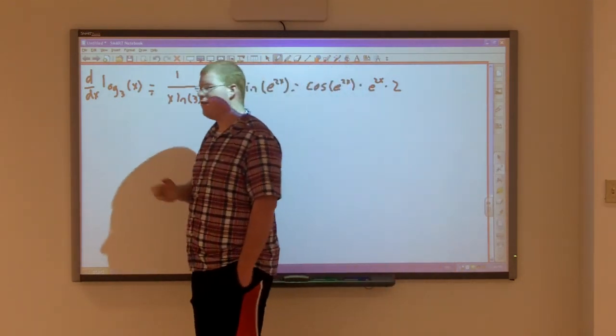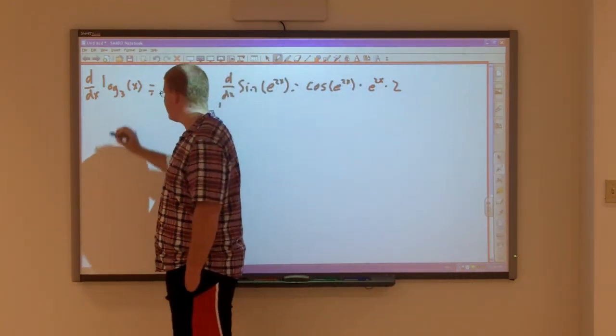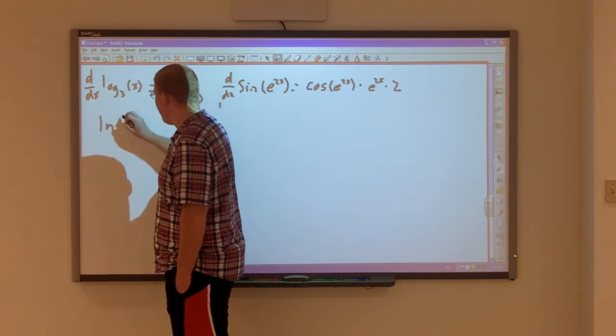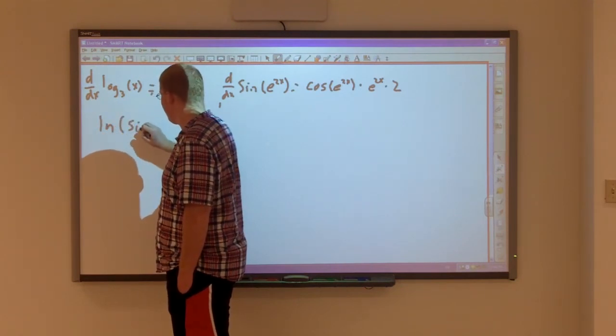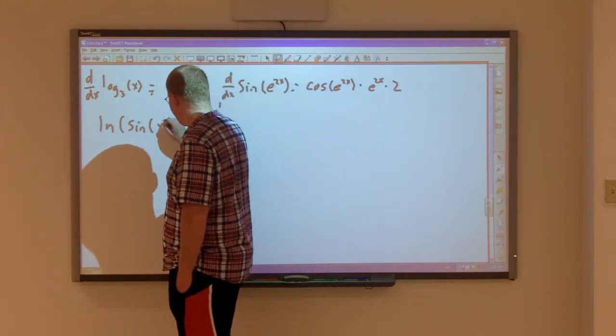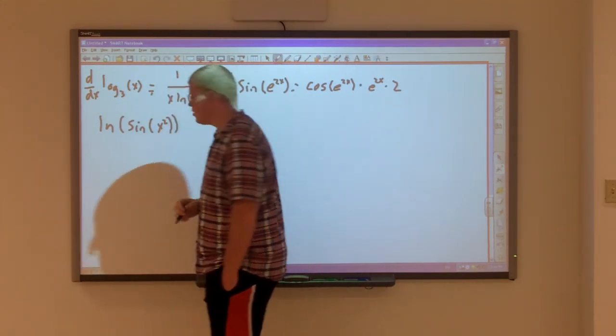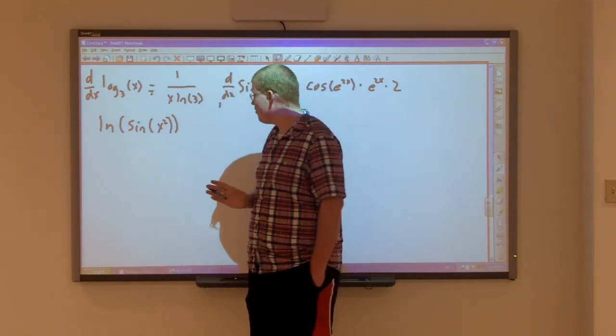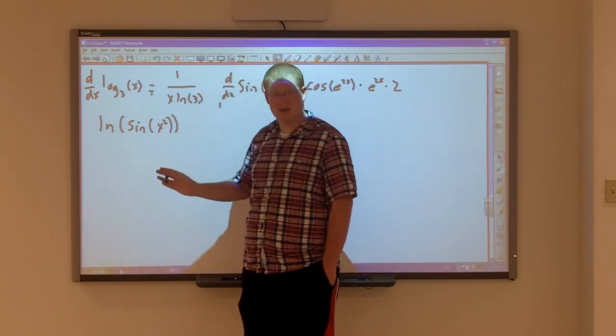Say we wanted to do the derivative of more complex functions, such as the natural log of sine of x squared. Again, don't get overexcited, we just use chain rule again.